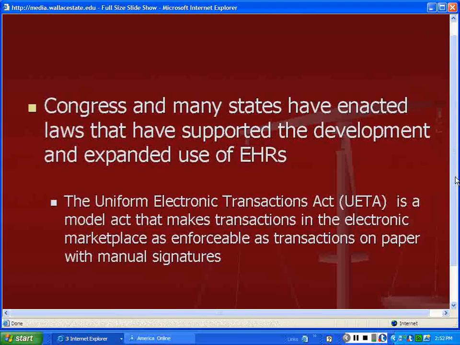It's a model act that makes transactions in the electronic marketplace as enforceable as transactions on paper with manual signatures. And so notice that doesn't say anything about health, but still it's talking about the electronic marketplace, that electronic signatures are just as good as manual signatures. And that's what that act says. Some states have adopted it, some have not.